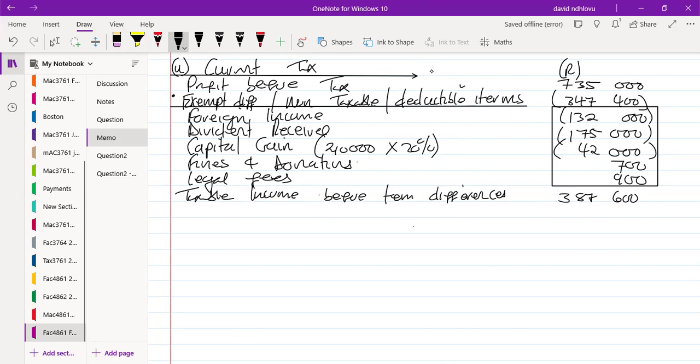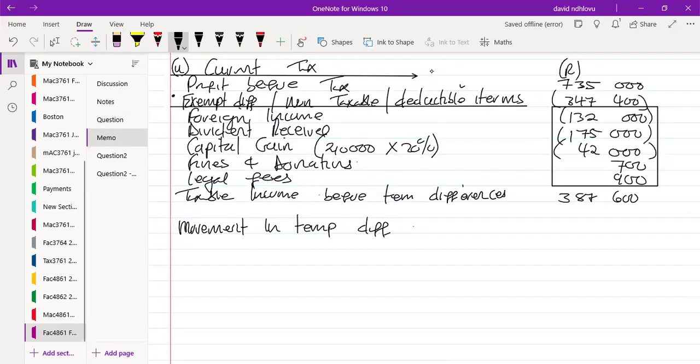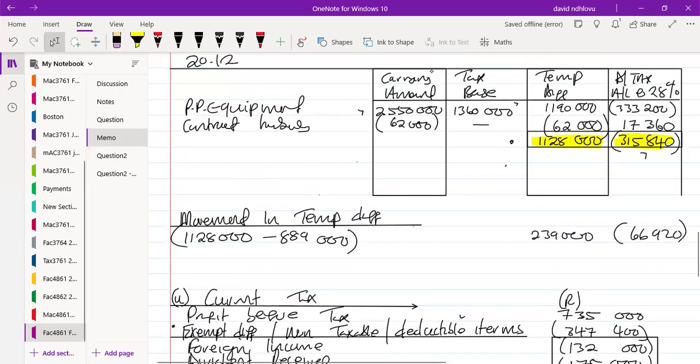Once we have that figure, then we bring the movement in temporary differences. So we don't have to show temporary differences one by one. We don't even worry about this because this is a temporary difference and its impact on taxable income will be captured in the movement in temporary difference, which is that figure here.